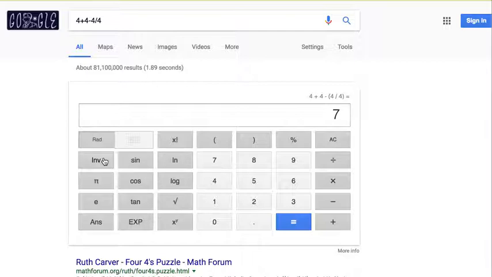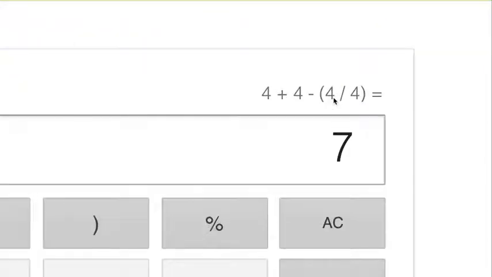And the thing that I really like about it is if you look here above the 7, it actually puts in parentheses and says, by the way, I treated this 4 divided by 4 as something that takes precedence over the addition and subtraction.